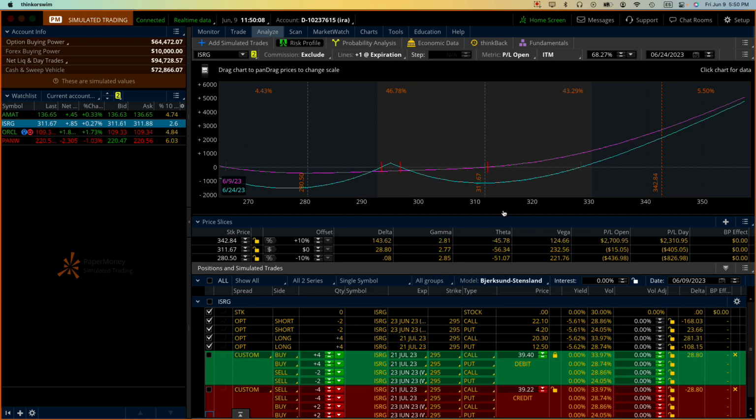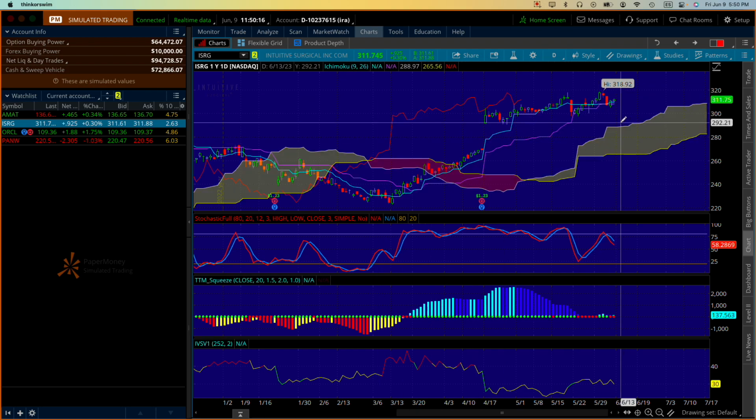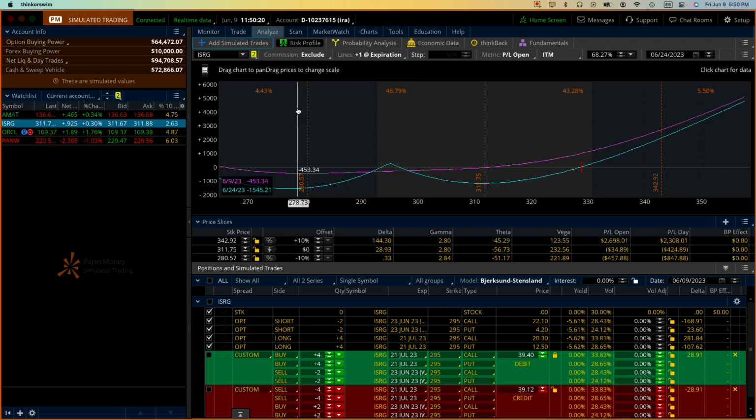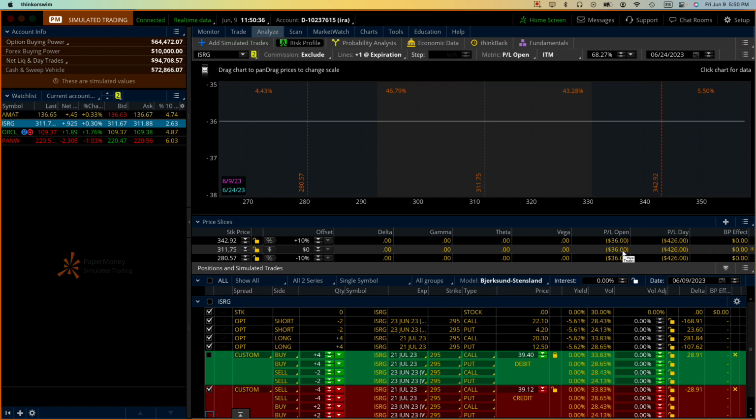And you can see that we are here at the top of the range, so we don't really need to do much. Earnings are far away. I want to see this go into positive territory here. If we were to close, we end up with $36.